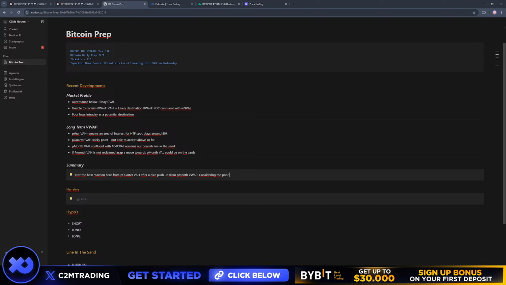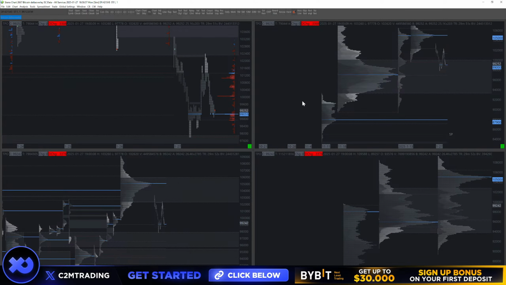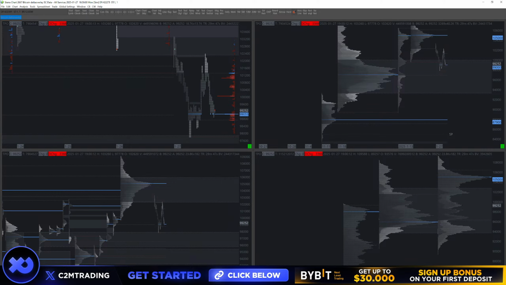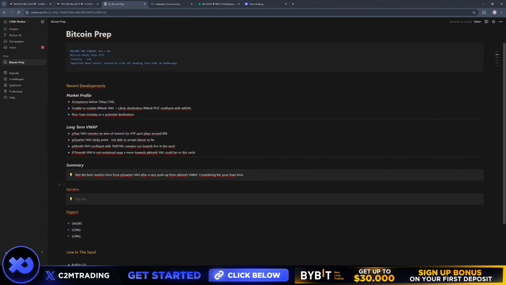Considering the poor lows intraday, the ones that we've discussed here, I am inclined to think that we might be revisiting them during the overnight session.